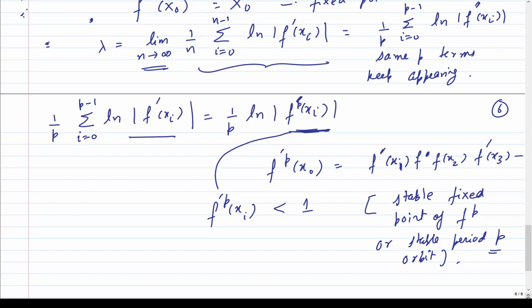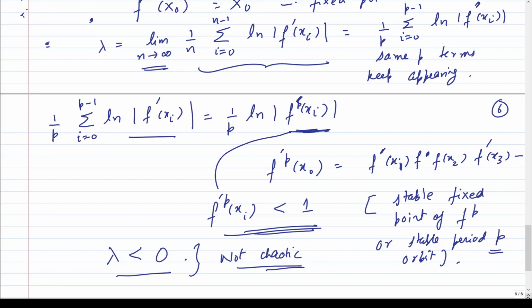But while this period p orbit exists, it is a stable orbit with this particular condition. So I get lambda less than 0, because this guy was less than 1, and the logarithm of something less than 1 is negative. So this is an example of a system which is not chaotic. Of course, we already know that because the trajectory was stable around this fixed point.